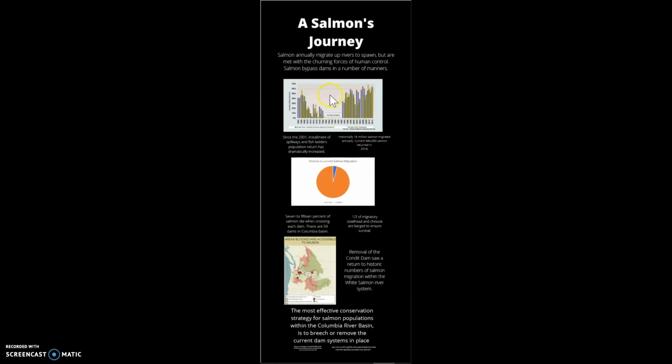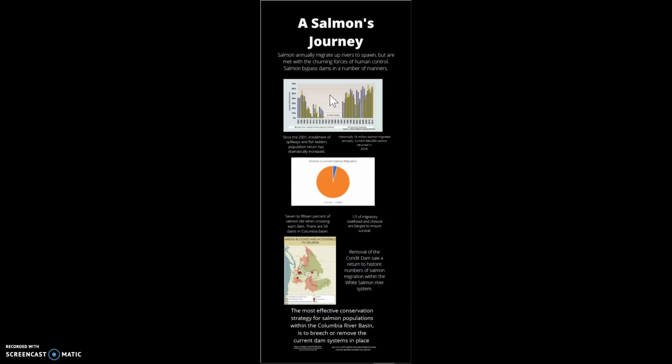So this bar graph is demonstrating the differences before and after spillways of young salmon migration, Chinook and steelhead, I believe. And with that, it just demonstrates that we are doing something to help this critical species.